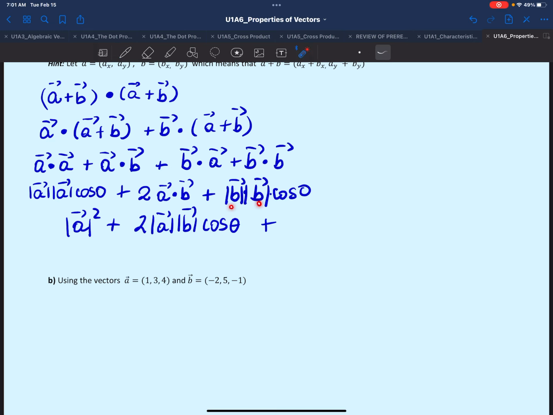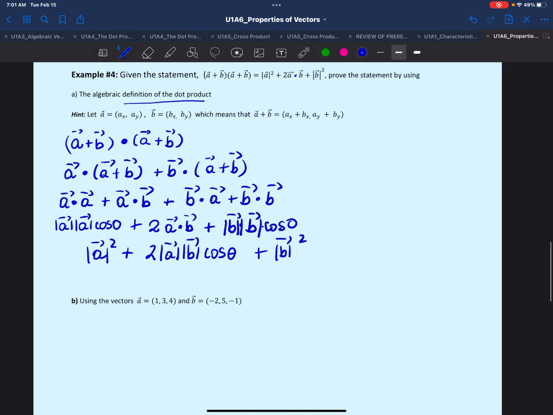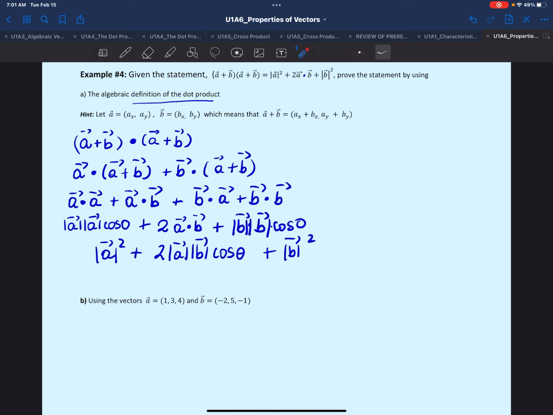Similarly, we say B times B cosine 0, that would be magnitude of B squared. So as you can see in here, in the middle, we have the term 2A dot B, and then we have A squared plus B squared. So this is how you prove this statement by using the dot product.